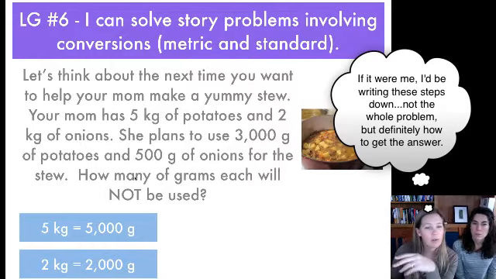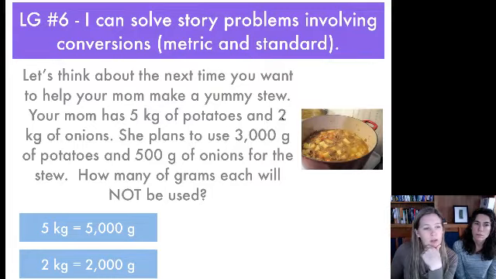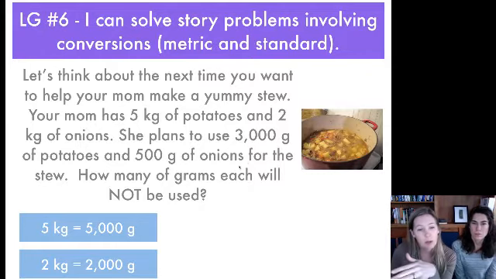So now, if I was to reread this problem, I might say your mom has 5,000 grams of potatoes, and she uses 3,000 grams. Now it just becomes a simple subtraction problem. So 5,000 minus 3,000. And in this case, 2 kilograms, I would rewrite that as 2,000 grams of onions, minus her 500 grams that she's going to use, because we want to know what she's not using.